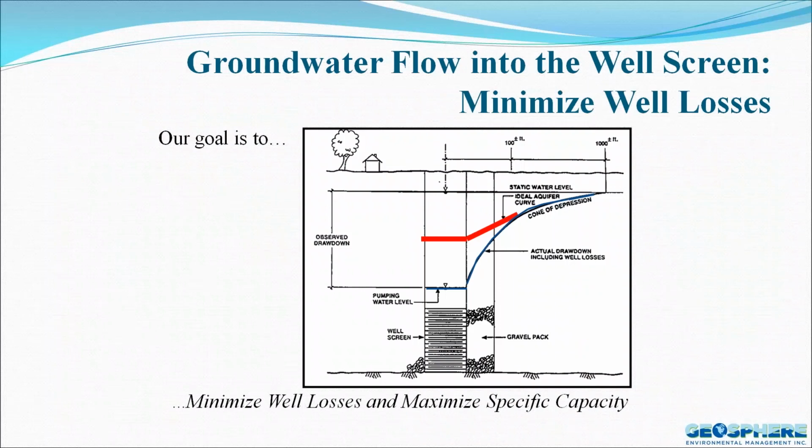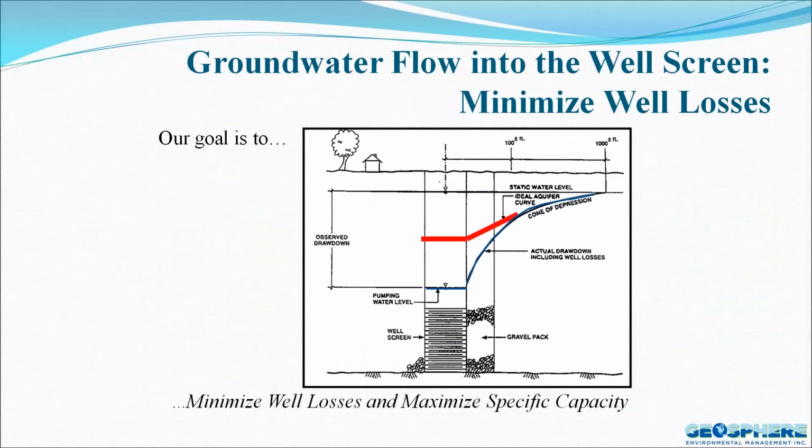The little diagram we see in front of us: the red line would be the ideal aquifer curve if we had no well losses due to the inefficiencies going into the well screen, the diameter, the types of material around it, the gravel pack or the formation itself.